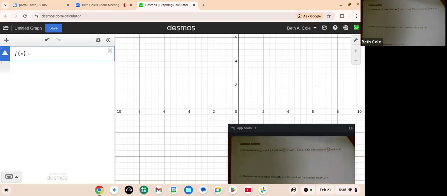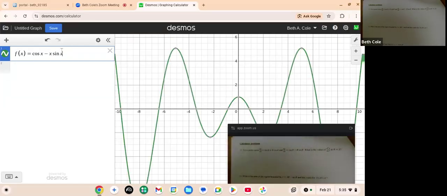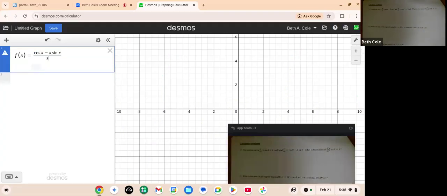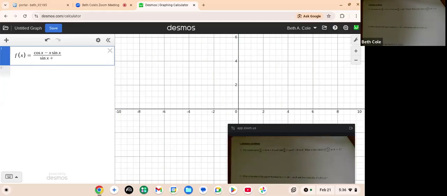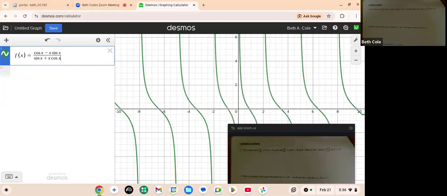So dy d theta is, and I'm using x instead of theta just because it's a little easier. And then I want to divide that by dx d theta, which is, and again, I'm using x, plus x cosine x. All right, so I realize it says f of x, but this is our first derivative.